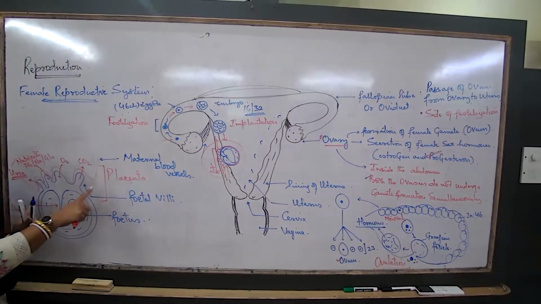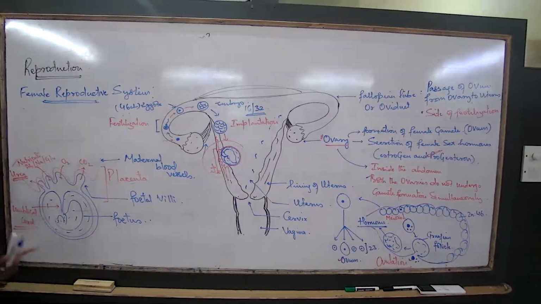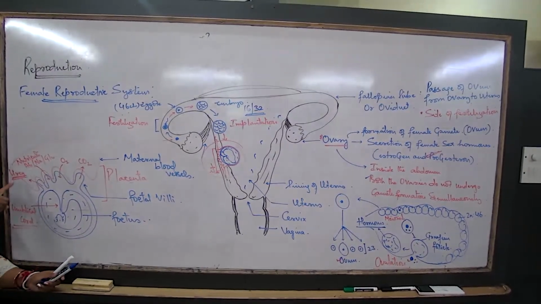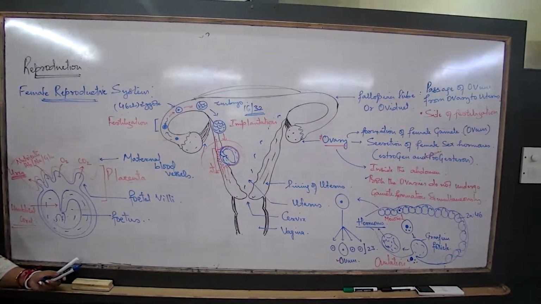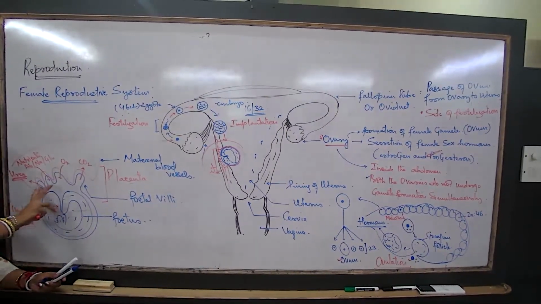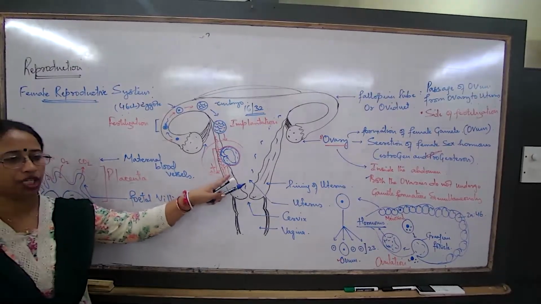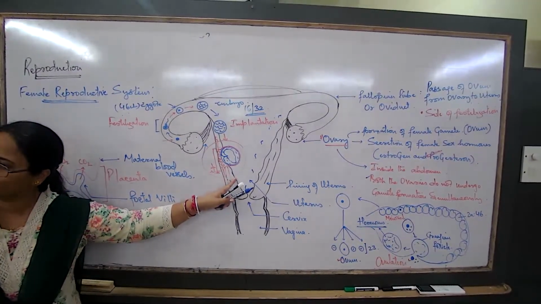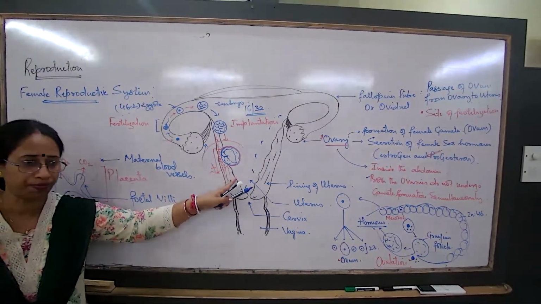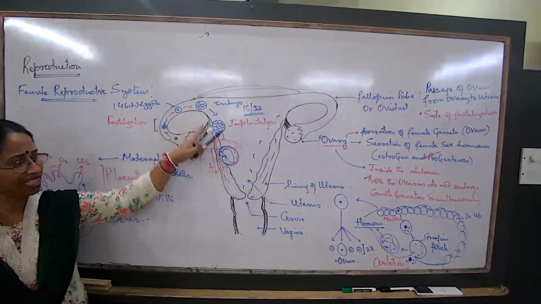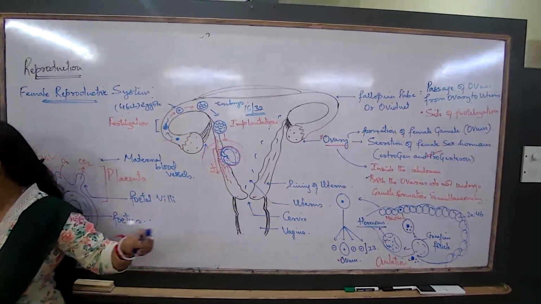In this time period, if by chance the placenta gets detached, if by chance the entire fetal part gets detached from the uterine wall, then that is what is known as abortion, before the entire period of growth of the fetus.